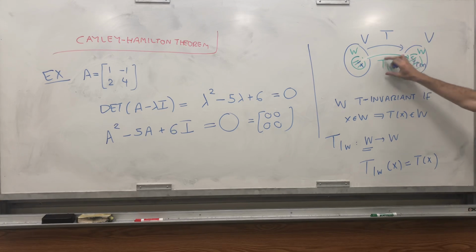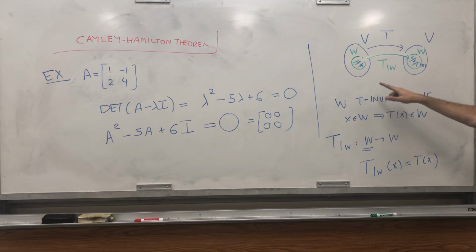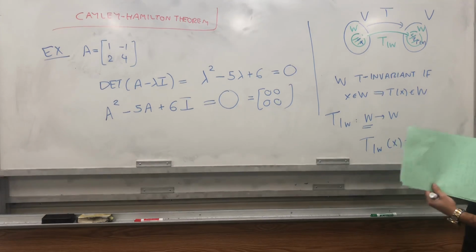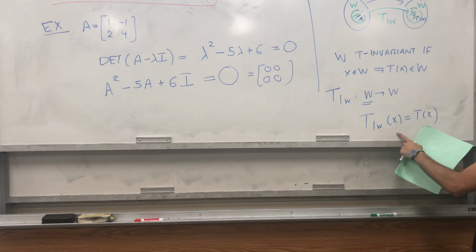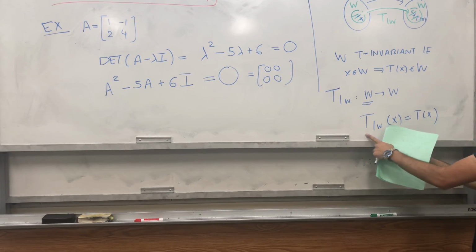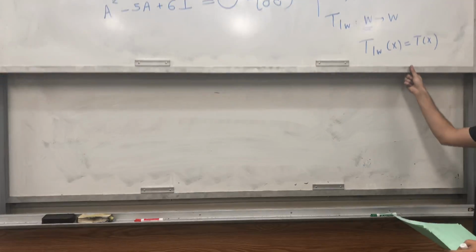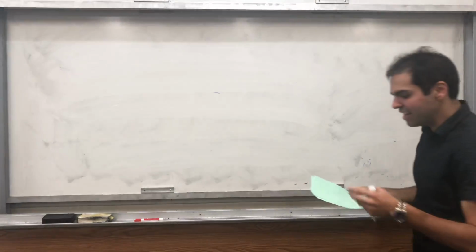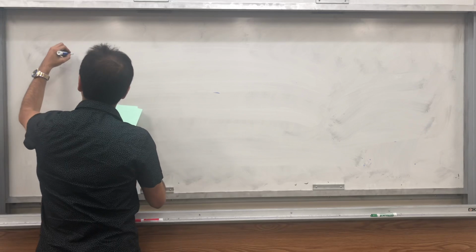So again, this is like a smaller linear transformation. It's the same formula as T, but on this smaller subspace, and it's still a linear operator. The characteristic polynomial of T and the characteristic polynomial of its restriction are related, namely as follows.